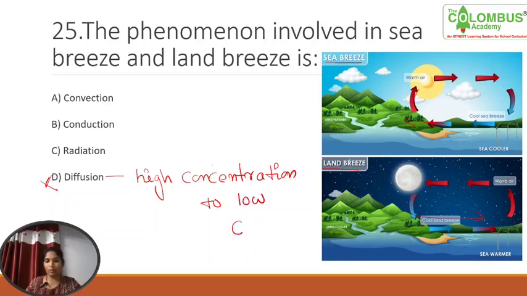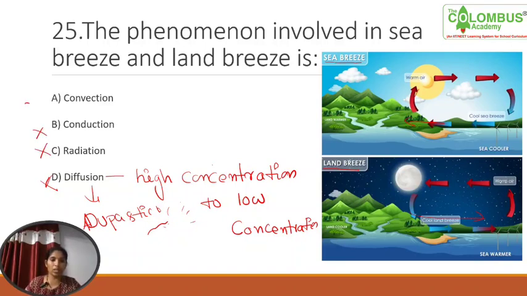So this is not the answer. The best example is your agarbatti, the incense stick. Have you seen incense sticks? The smoke slowly merges into the air, right? That we call diffusion. So this is not the answer. Radiation, no. Conduction, no. What's the answer? Convection. Moving of air molecules, right?